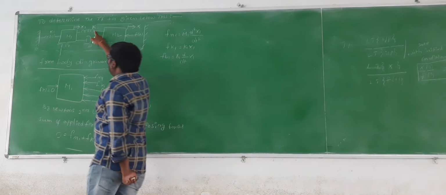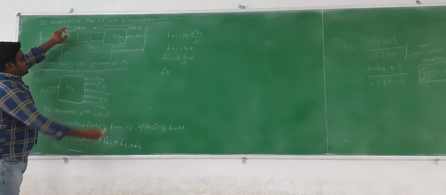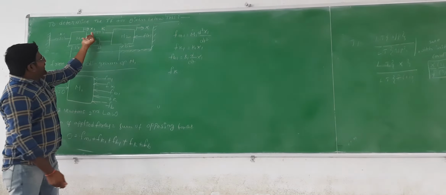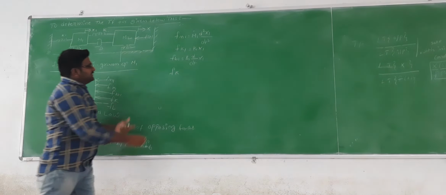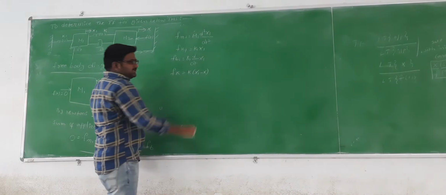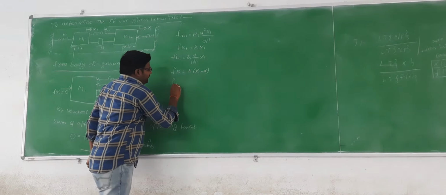Next Fk. The k element is connected between the two displacements, so k into x1 minus x. Then the b element Fb.